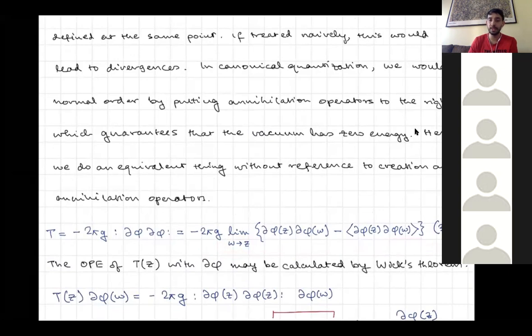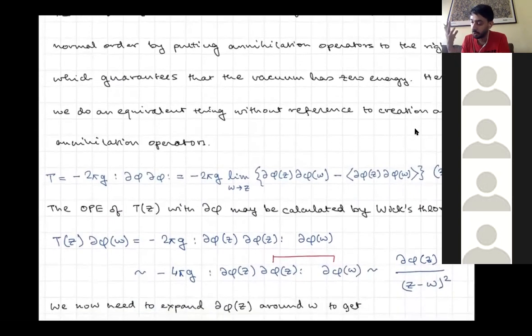So this extracts out, if you wish, the leading singularity between them. It will just make sure that when you take z to omega, there are no singular things left over. So this is how you make sense of these two dots out here. The normal ordering prescription is that you subtract out this piece from this.